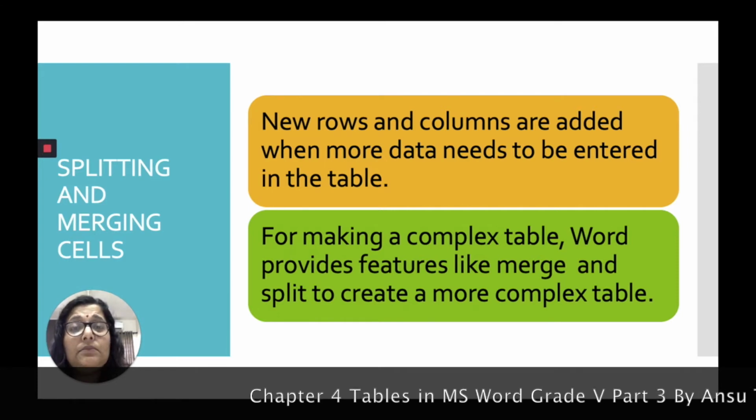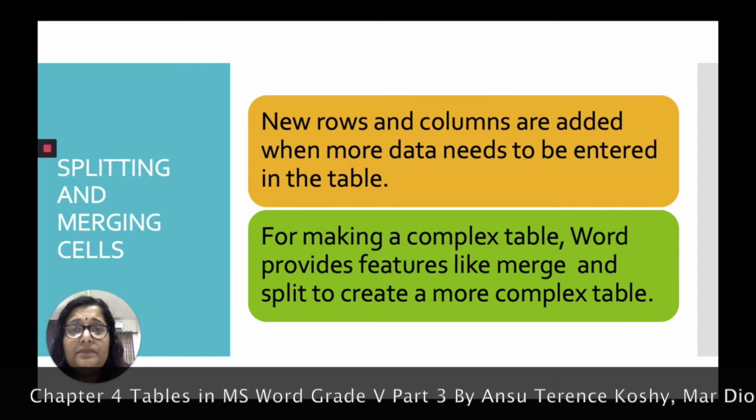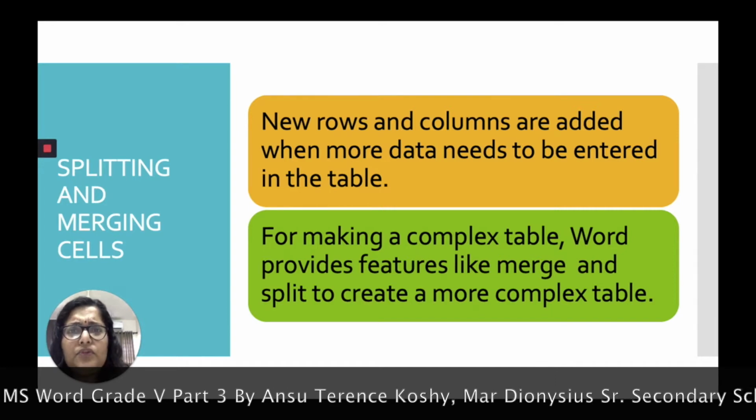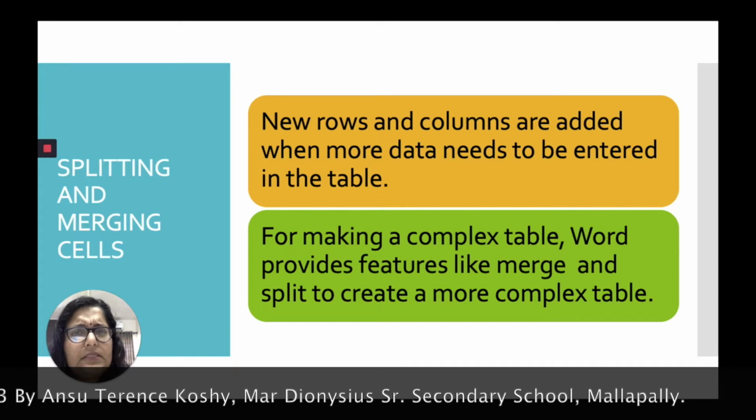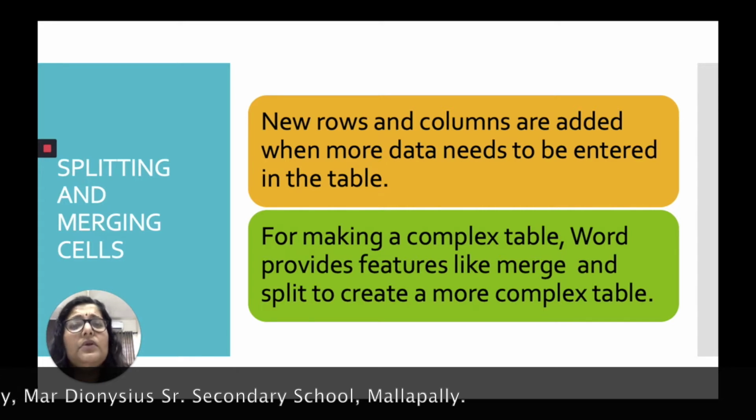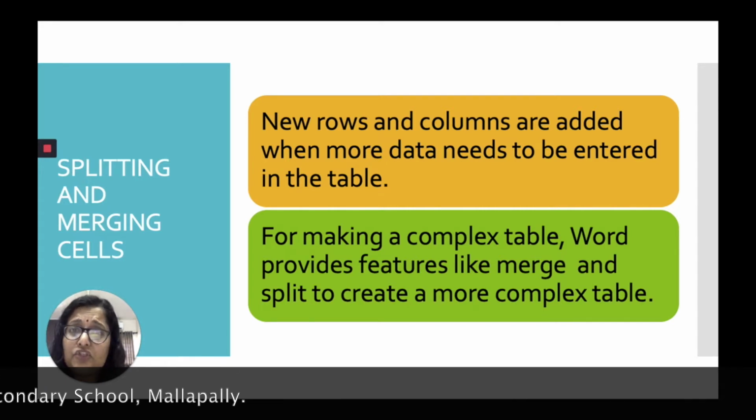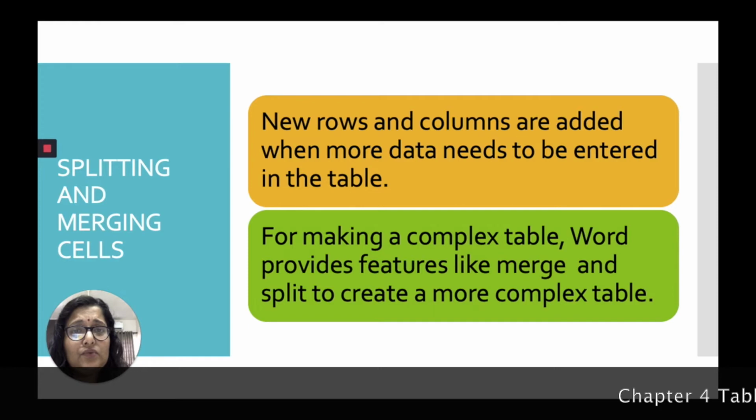It is also possible to join cells together or split cells as per your requirements. Merging means joining cells together and splitting means changing one single cell into two cells. Okay?